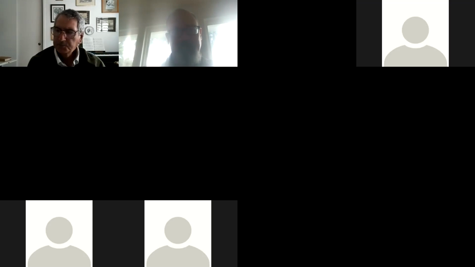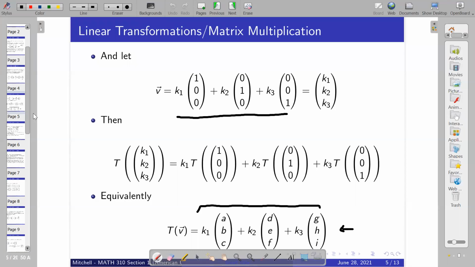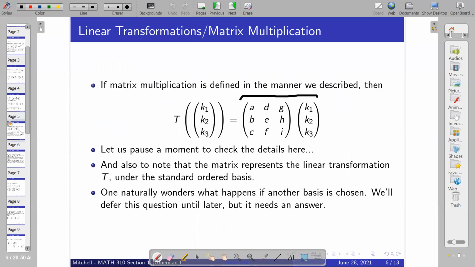So, back to the slide. What we're going to say is that this matrix right here represents T with the choice of basis that we're making.